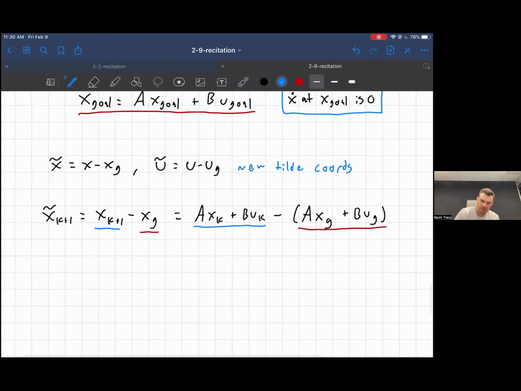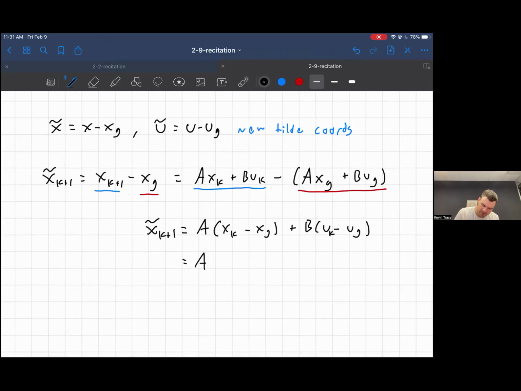Once we get that, we can just do the algebra, and we recognize this is, again, x tilde, and this is u tilde.